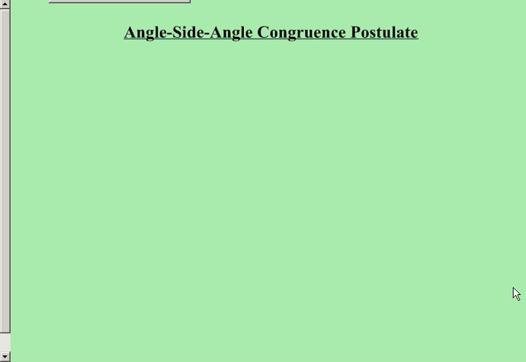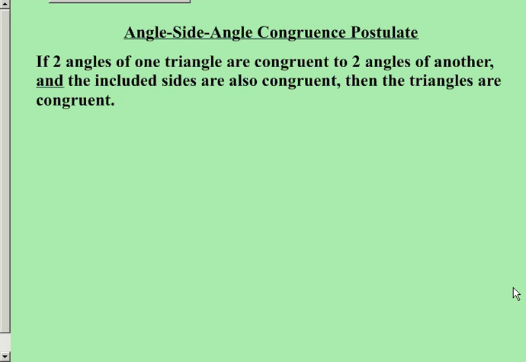Okay. Third of the four rules is angle, side, angle. Now this one works exactly the same way that side, angle, side just worked, but of course you can see the names are reversed. So the wording is almost identical, just a couple of vocabulary words switched.